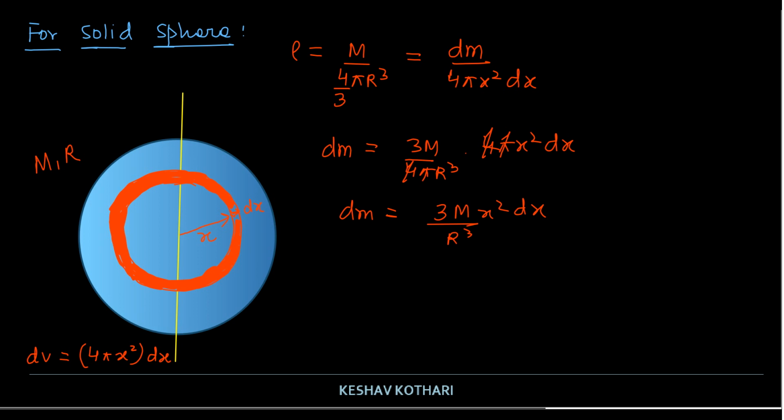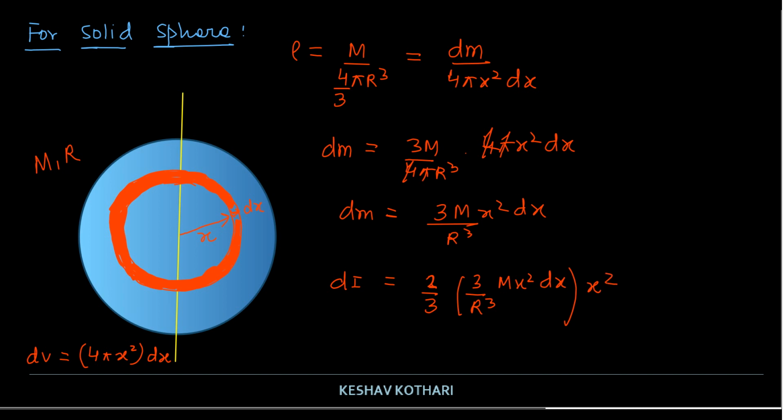Now the moment of inertia of this elemental mass which we have selected is equal to the moment of inertia of a hollow sphere, that is I is equal to 2 by 3 times mr square. So m is going to be 3m x square dx upon r cube, so this is 2 by 3 m and radius is equal to x square.